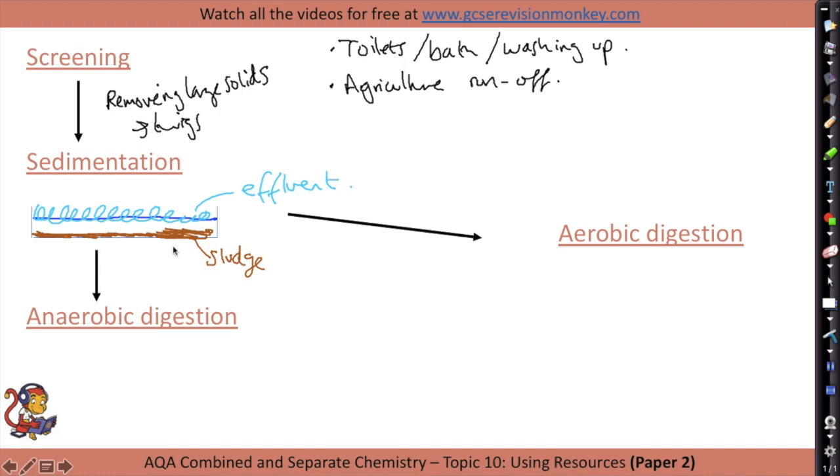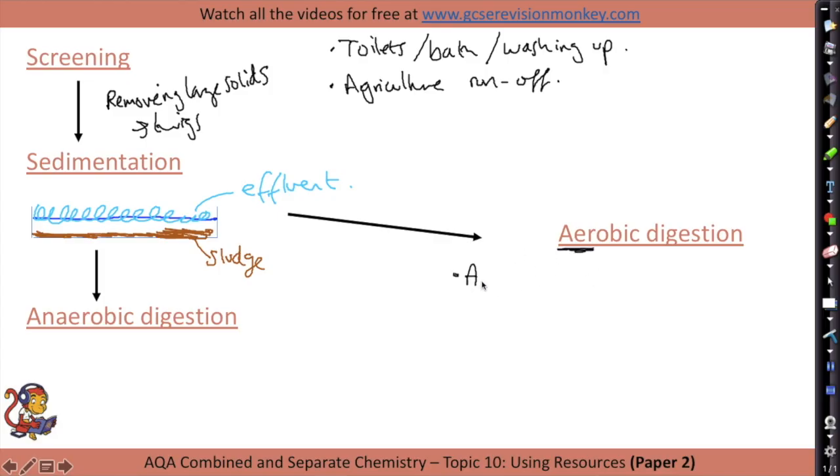So this water will be left in these tanks for quite a long time and allowed to separate, and then two different processes take place depending on whether we're treating the sludge or the effluent. So for the effluent, that undergoes aerobic digestion.